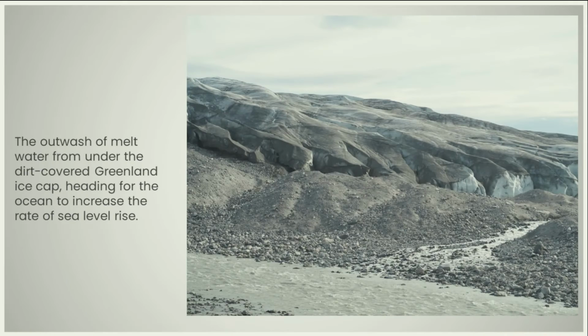And the problem is the black ice causes even greater warming, because the black ice is a bigger absorber of heat than white ice. So this black ice surface on Greenland is causing Greenland to warm even faster. And here we see black ice covering the white ice, which was the clean ice that used to be there.